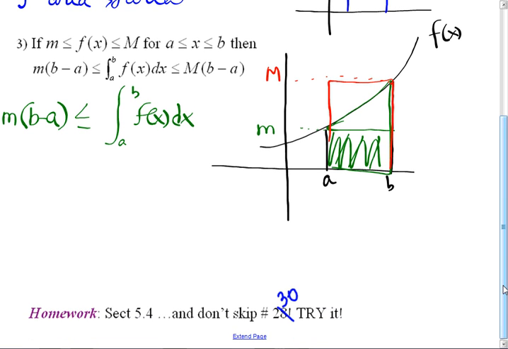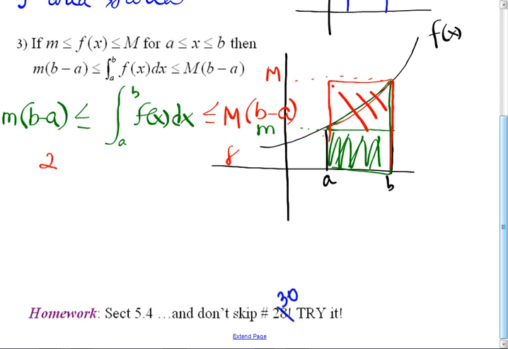Okay. Now, what's true about the area under the curve relative to the red area? It's smaller, right? So this area here is trapped between the area of the green rectangle and the area of the red rectangle. That's all it's saying. So if this area here is 2 and this area here is 8, then you know the value of your integral should be somewhere between 2 and 8.